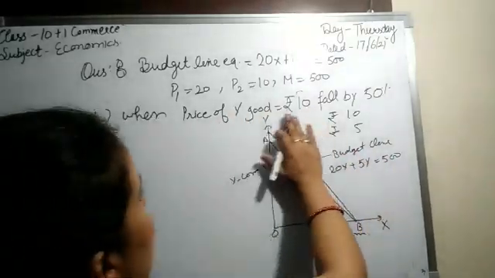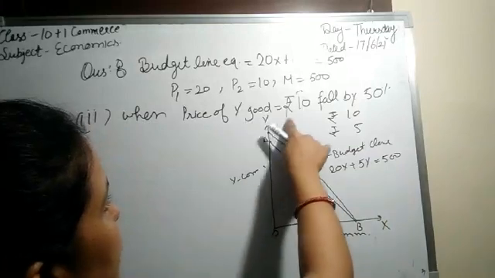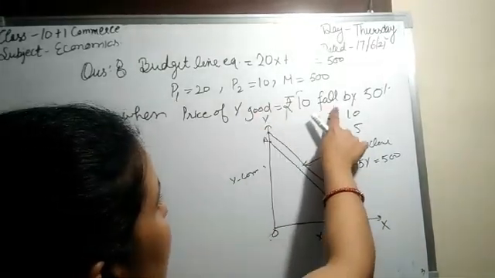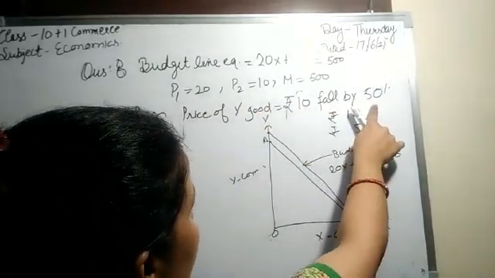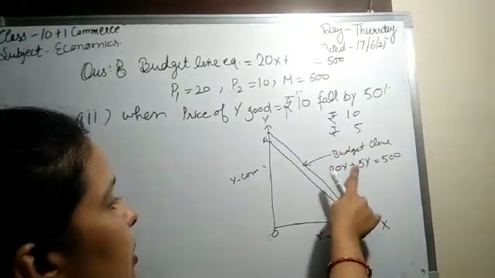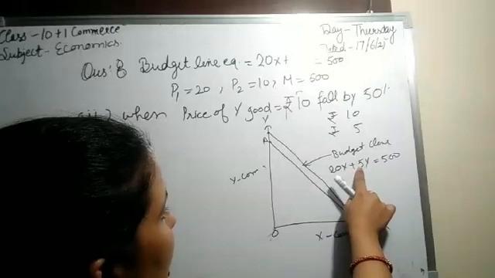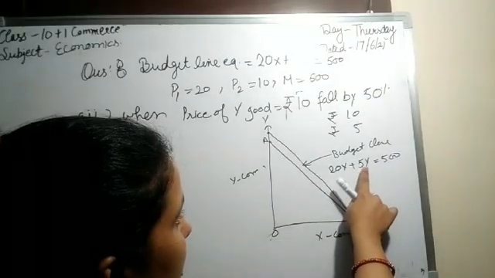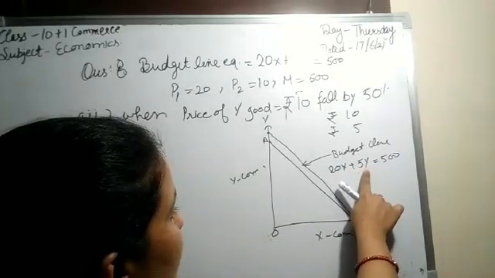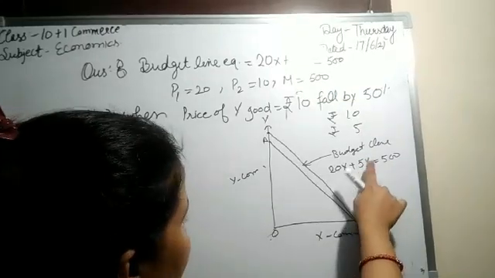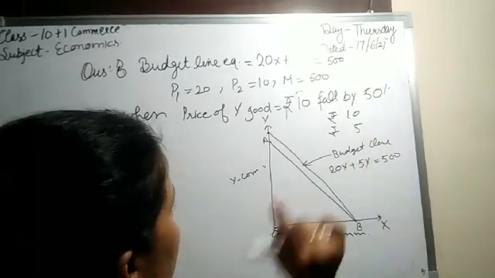The price of Y good was 10, but with the 50% decrease, the new equation is 20x plus 5y. Why do we write 5y here? Because it was decreased by 50%, from 10 to rupees 5. So this is the new situation.